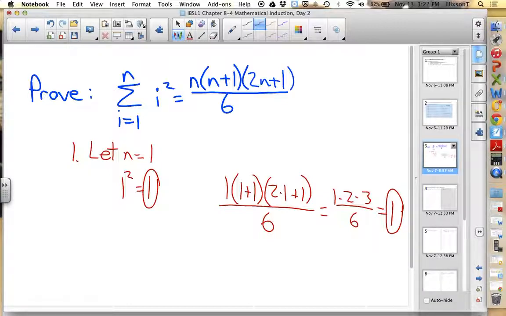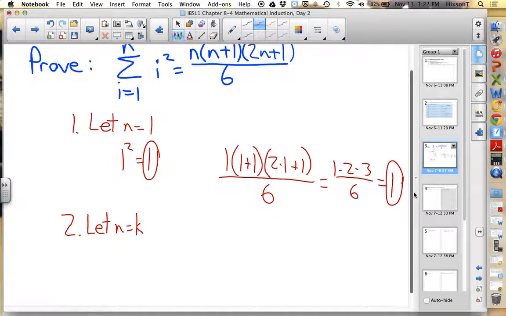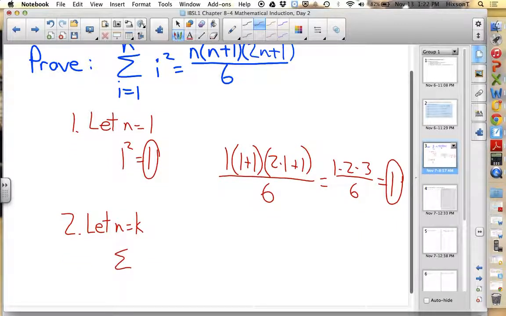Alright, second part. We're going to let n equal k. All we have to do is copy this and replace all the n's with k's. And you don't want us to simplify, right?